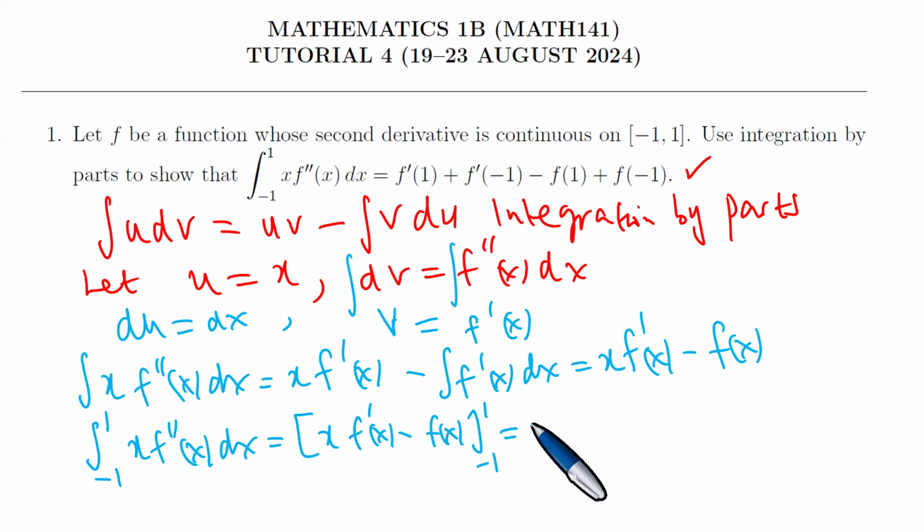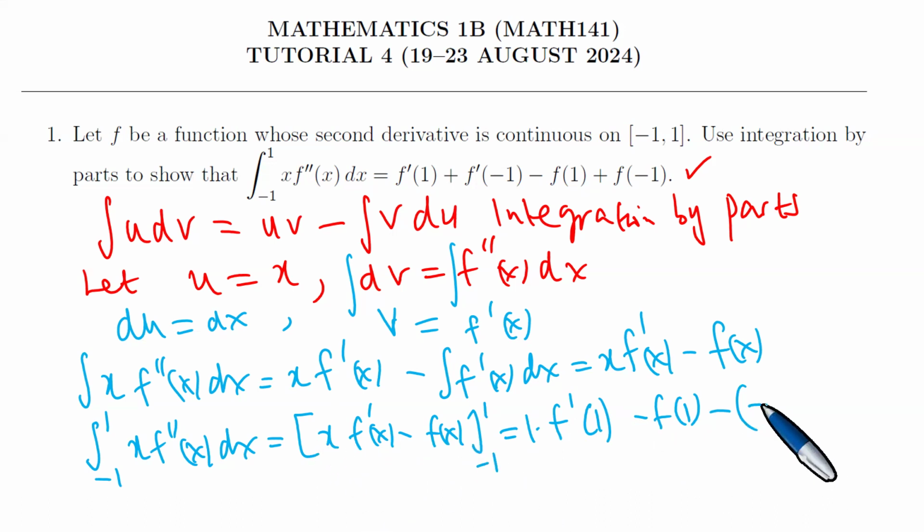You plug in everything: f primed of 1 minus f of 1, then you minus, and you substitute -1. In the place of x there's going to be a minus, so it's f primed of -1 minus f of -1.